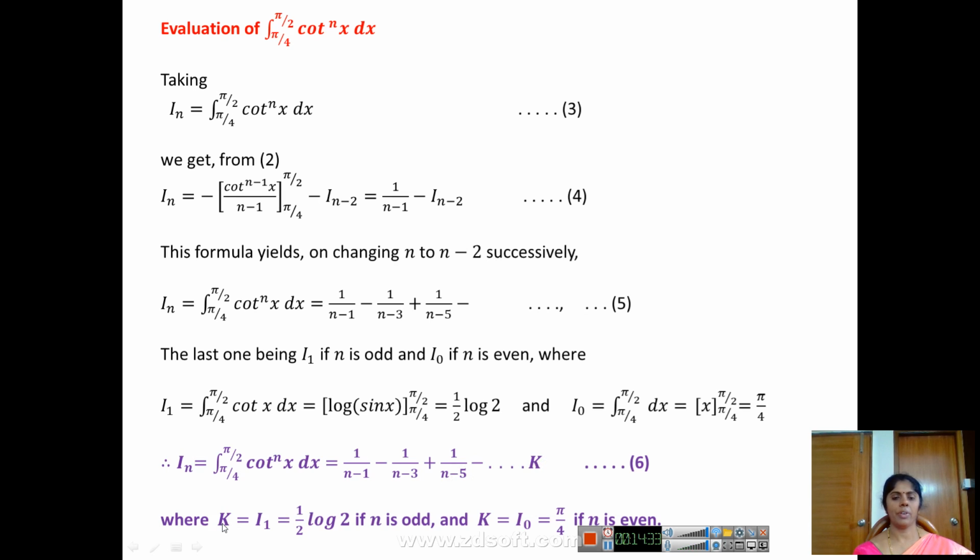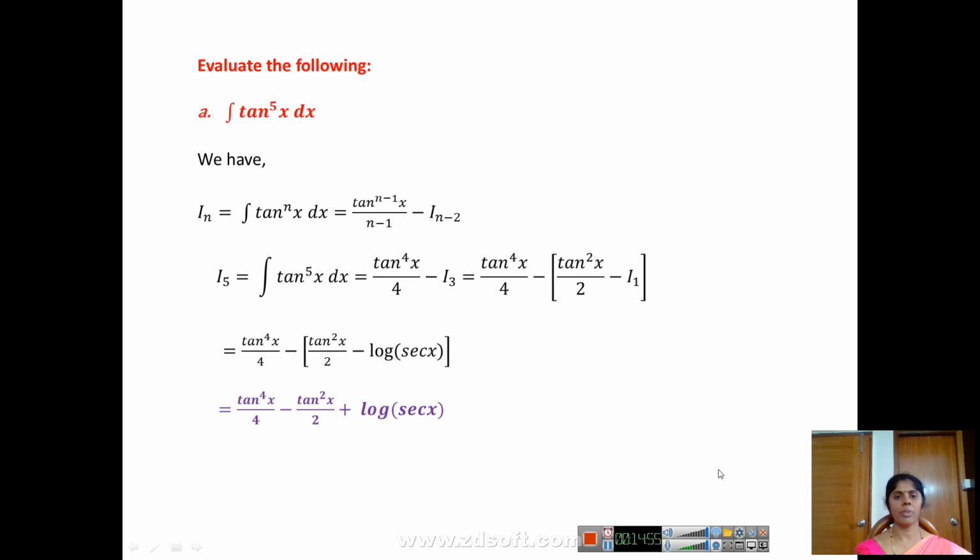If n is odd, then k becomes I1, so the last term is 1 by 2 log of 2. If n is even, then k becomes I0, which gives the result as pi by 4. So based on these things, we can evaluate some of the problems.